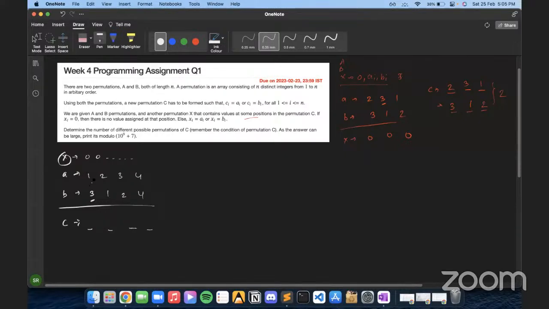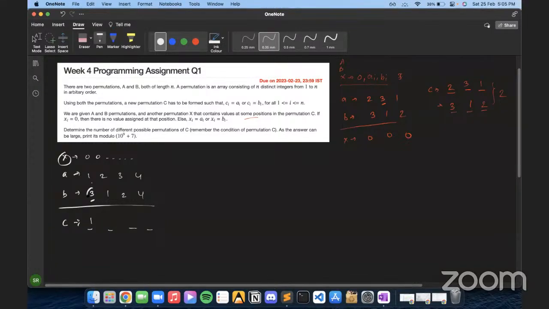Because if we have chosen 1, then we cannot choose 3. We have to choose only one of them. And since we want the array C to be a permutation, we will have to get the first element of B, which is 3, from somewhere else.